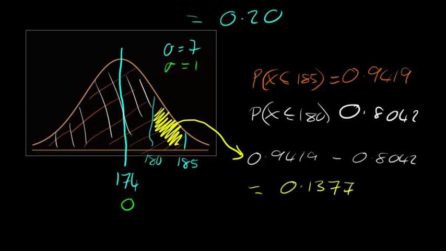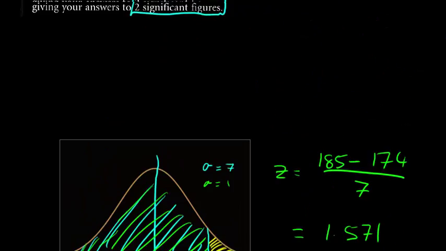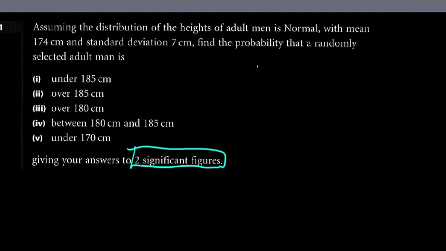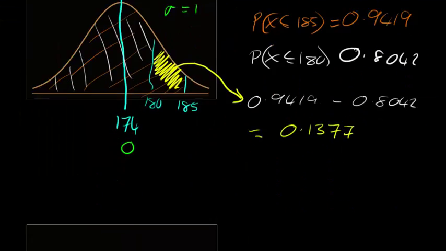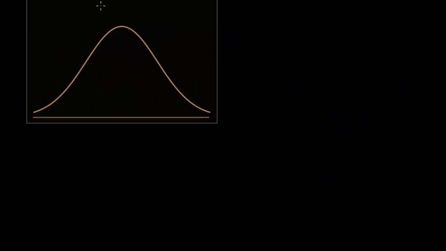So for the last part, we're looking at under 170 centimetres. Now remember, if I put a new diagram on, I've got my 174 there, so 170 is going to be on this side, and that will be under 170.